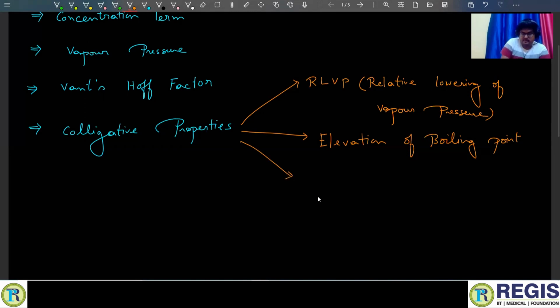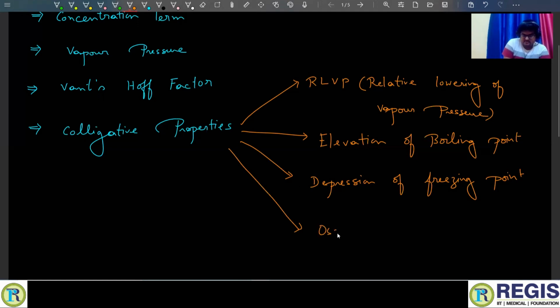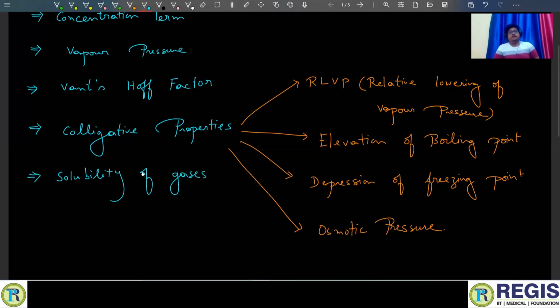Third is depression of freezing point. And fourth is osmotic pressure. Okay. And the last part is solubility of gas. So basically, these five parts we have to learn.